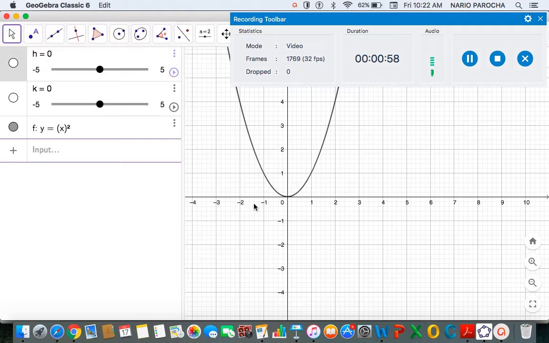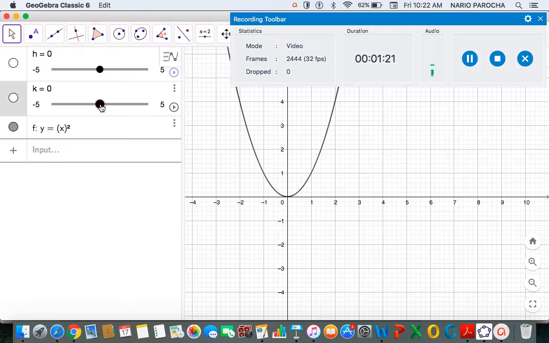To show you that, I'm going to use this slider. Moving it to the right will add k units, and moving this slider to the left will subtract k units from the equation.